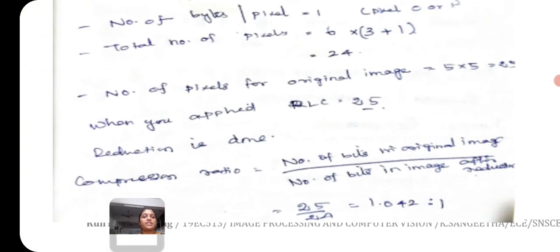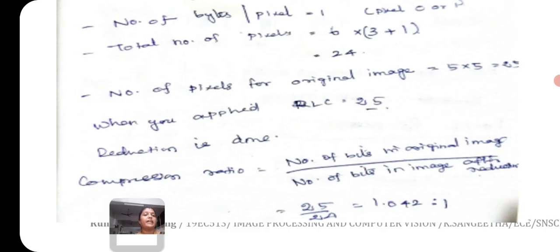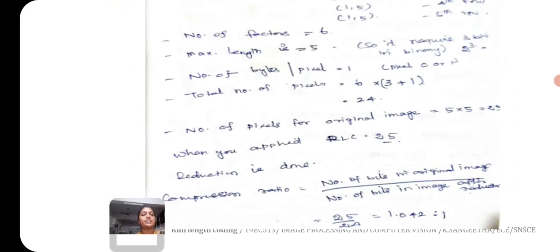Now the compression ratio: the formula for compression ratio is the number of bits in the original image divided by the number of bits in the image after reduction. The number of bits in the original image is 25 and after the reduction it is 24, so 25 by 24 is 1.042. The compression ratio is 1.042.